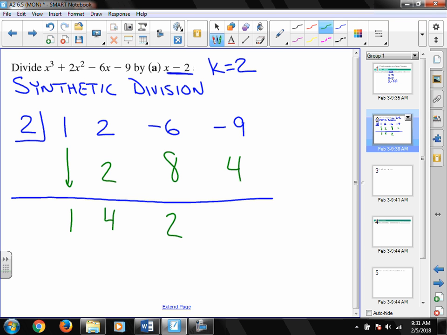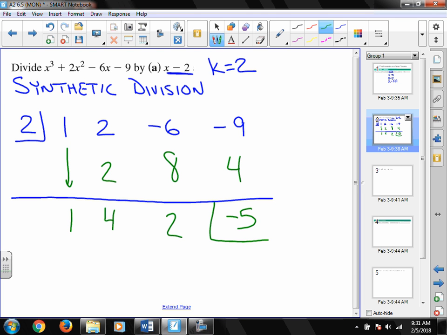And I end up with a 4 and a negative 5. Put your ending box in. Wow. So that means if I were to evaluate this polynomial at 2, I would end up with negative 5.